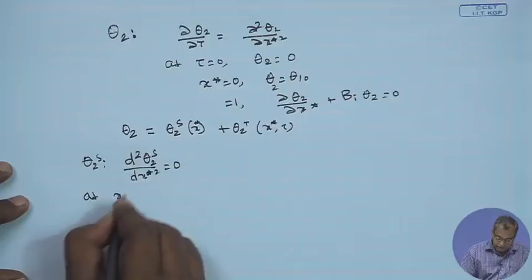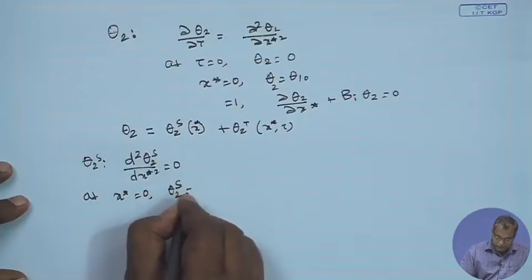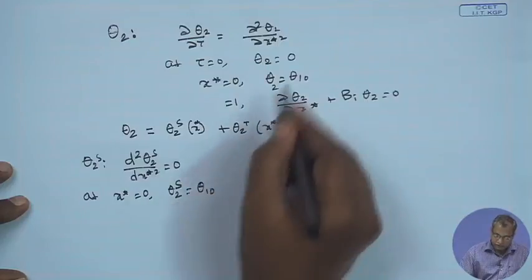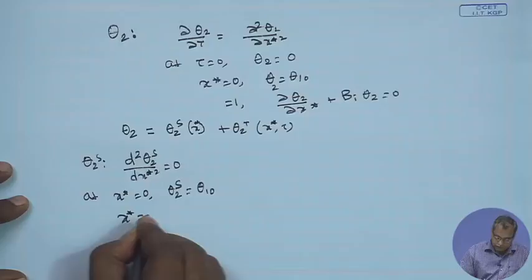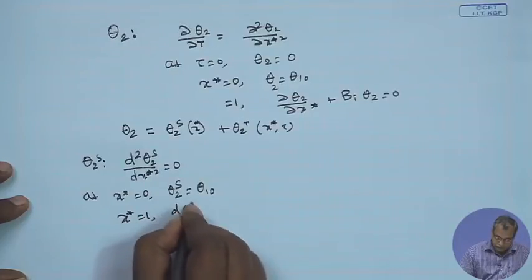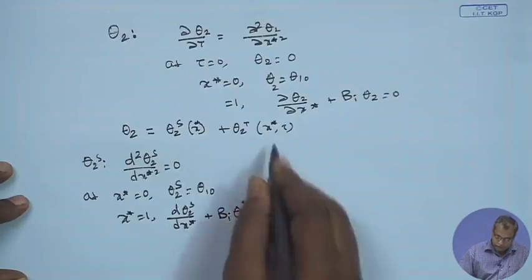At x* equal to 0, we have θ2s equal to θ1 naught. We associate the non-homogeneous part with the steady state solution, and at x* equal to 1, dθ2s/dx* plus Bi θ2s is equal to 0.